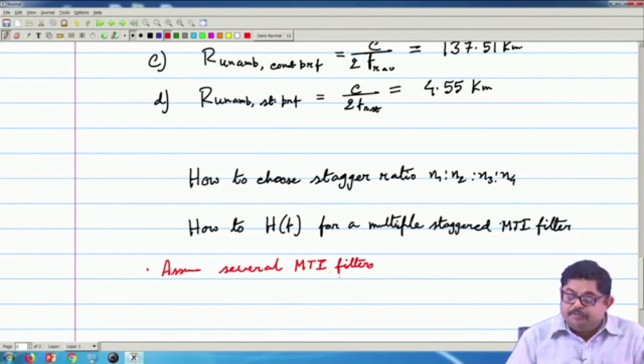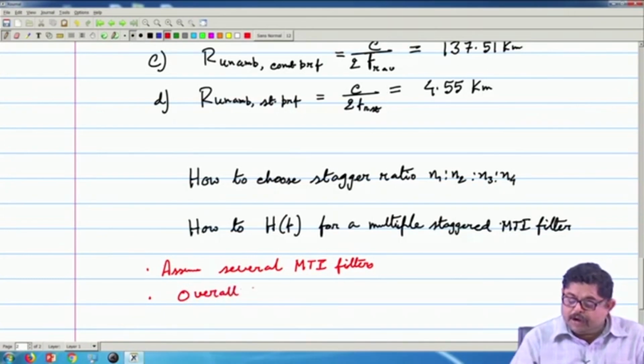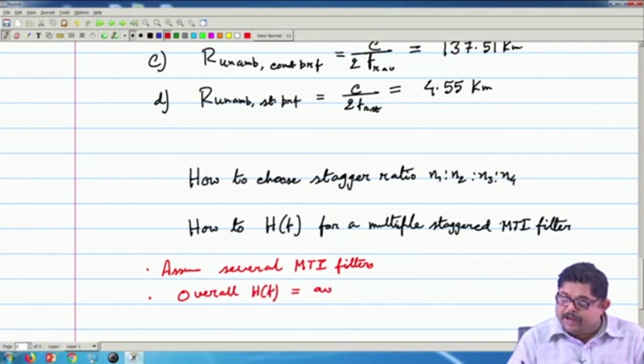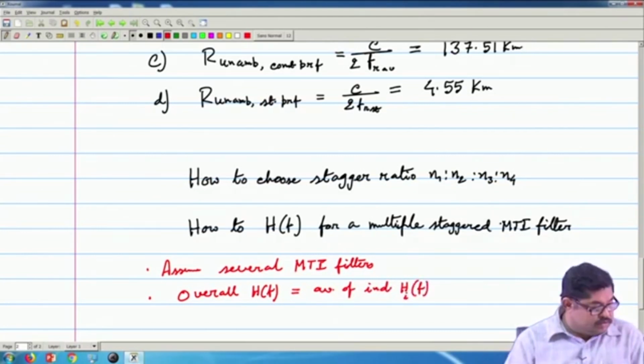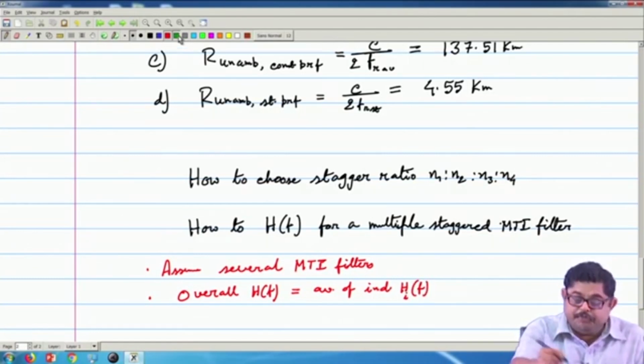So, you can find out the individual responses for them, then the overall HF is nothing but the average of individual HF, or I will say HIF. So, what does that mean? Suppose I have that case of 4.